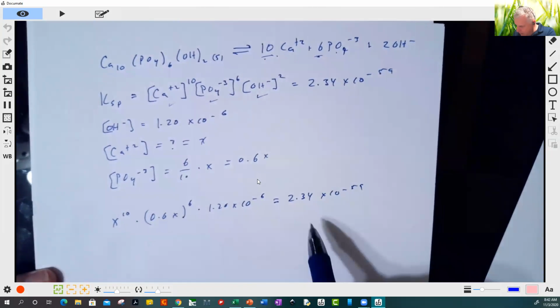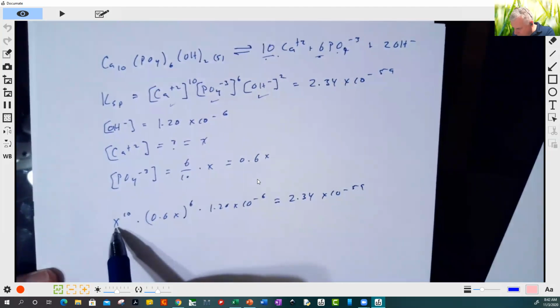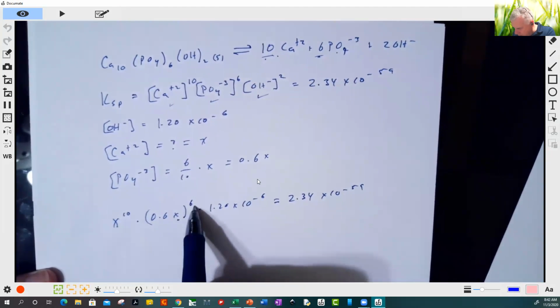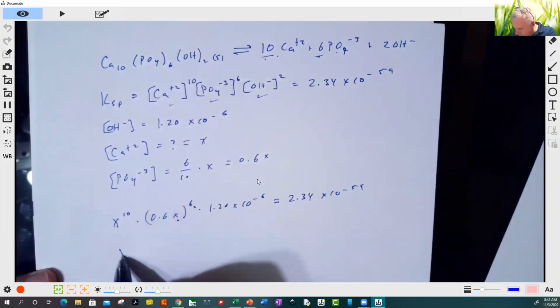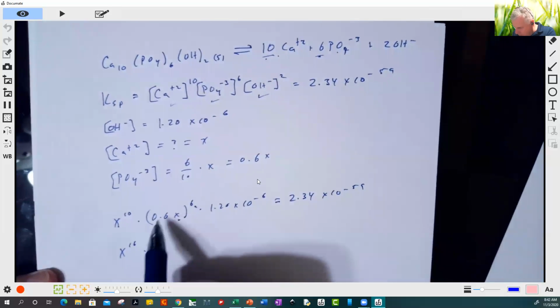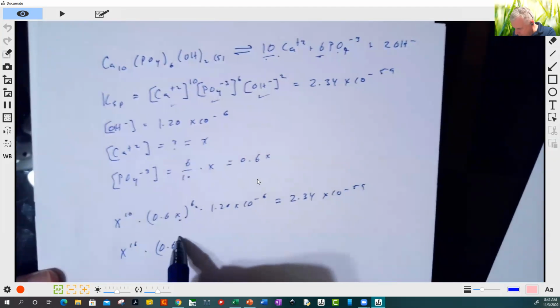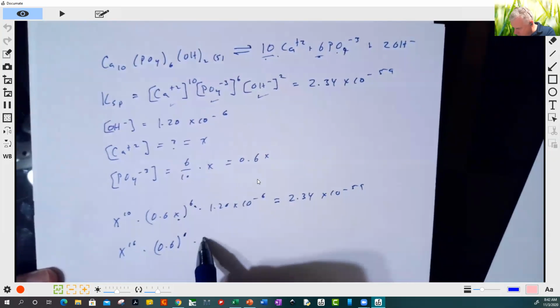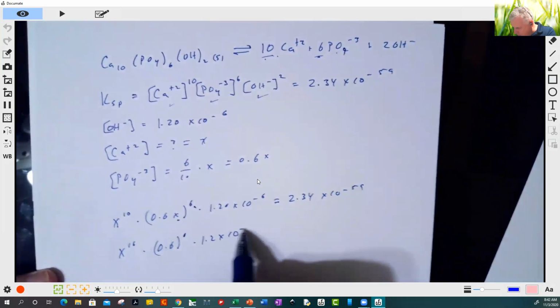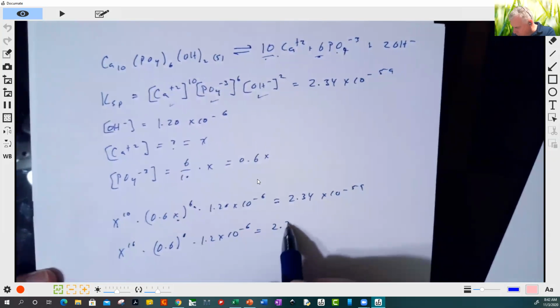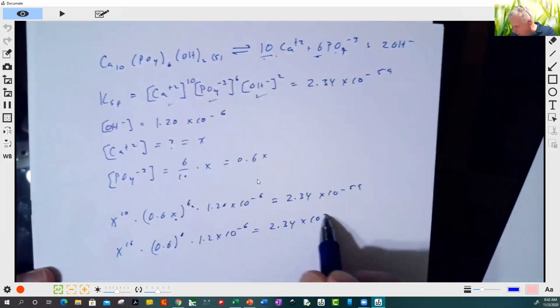The way we do this is we separate this into terms. We've got X times X to the 6th, that's X to the 16th, times 0.6 to the 6th, times 1.2 times 10 to the minus 6 equals 2.34 times 10 to the minus 59.